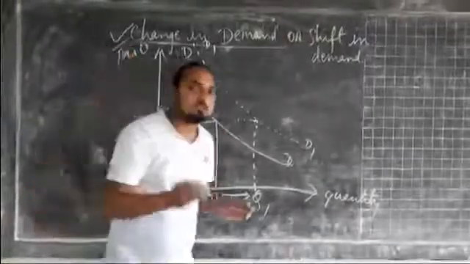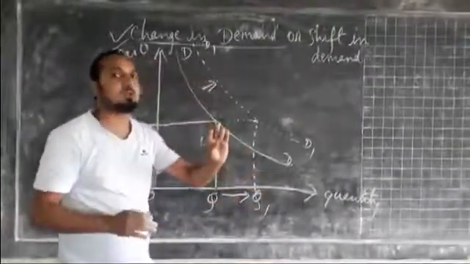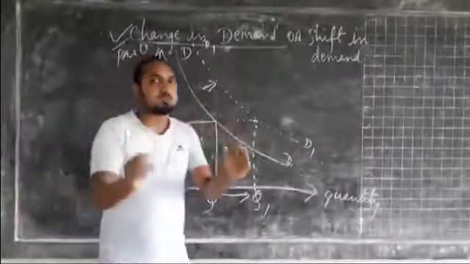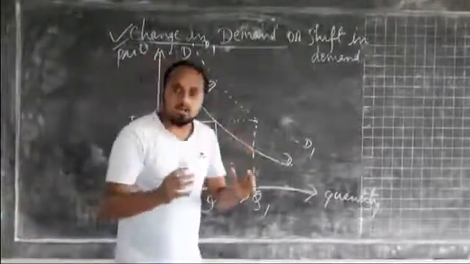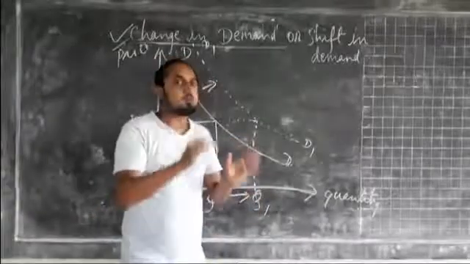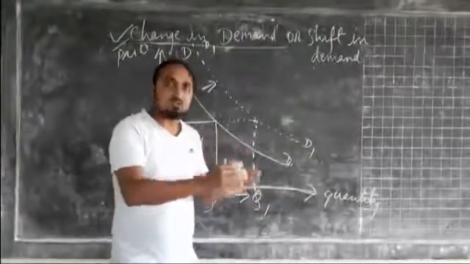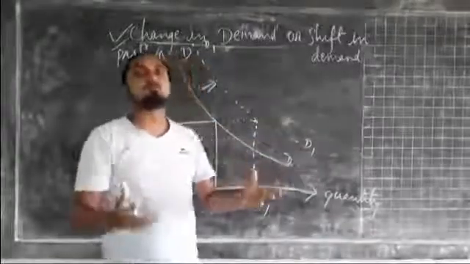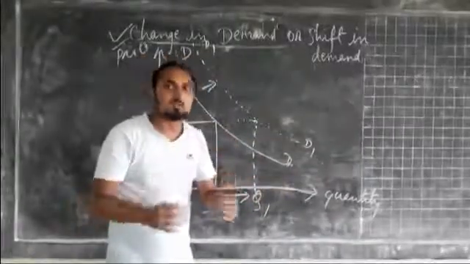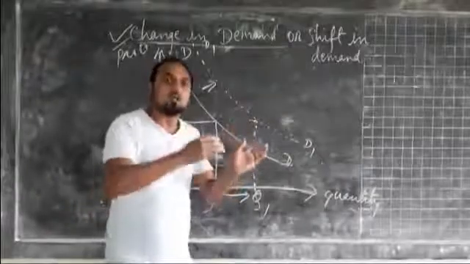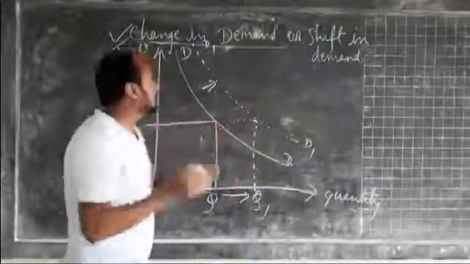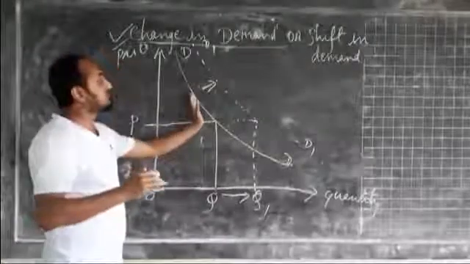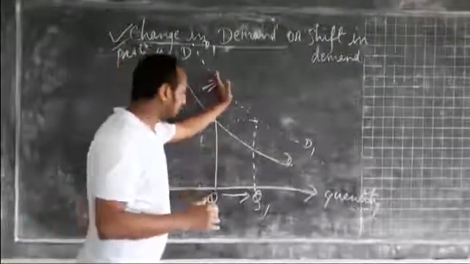So I have considered factors like income of the consumer. Suppose initially the consumer was earning 30,000 rupees. Now if their income increases from 30,000 to 50,000, obviously the demand for different goods will increase. The goods which they had not purchased earlier, now they will purchase. So due to that the demand will increase, and when demand increases the demand curve will shift rightward.